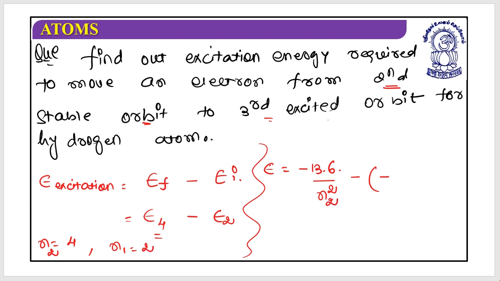So this is minus 13.6 divided by n2 square, which is 16, minus of minus 13.6 by n1 square, which is 4.